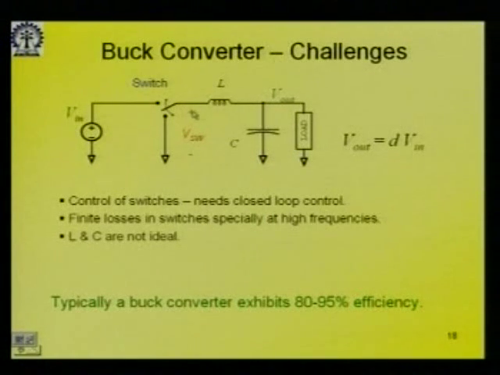And similarly we need L and C which are close to ideal, that is also not possible. And then finally we need proper control of these switches, and the design of the controller circuits which will properly switch them on and off as required, that is also a challenge.